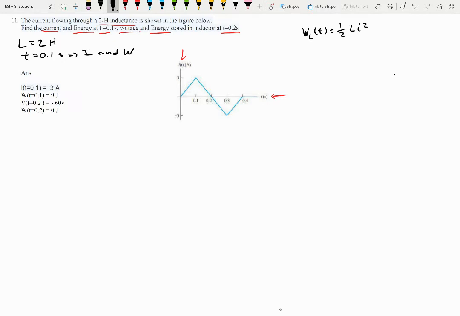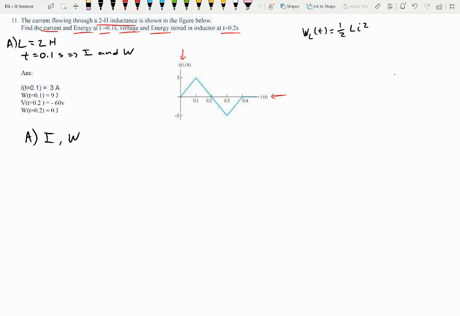And looking at this, if we're looking for the current, I'll call this part A. So for part A, they want the current and energy. The current is already given to us right here in this graph.